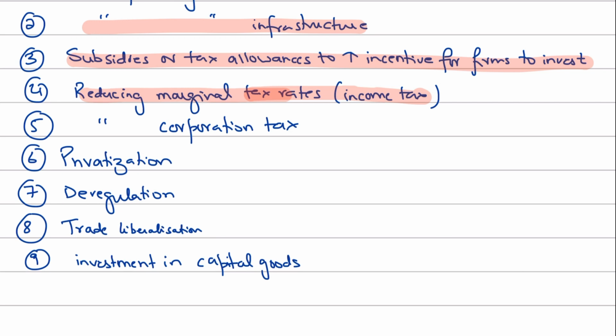So both of these reasons increase the quantity of the labor force as well as the quality of the labor force, and thus it shifts the LRAS from LRAS 1 to LRAS 2.